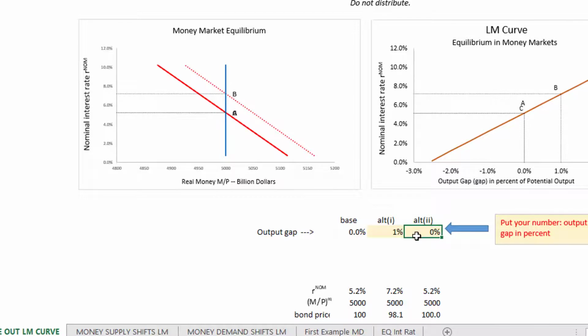Let's do another experiment. Let's suppose that we're going into a recession now. So instead, people want to hold less money. And by the way, the way we want to be thinking about this is always this exchange between money and bonds.